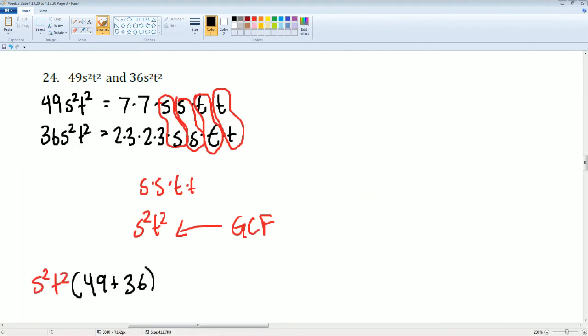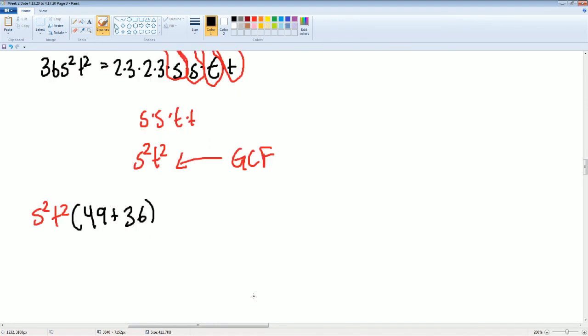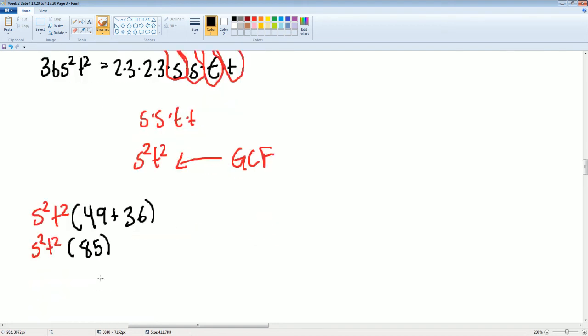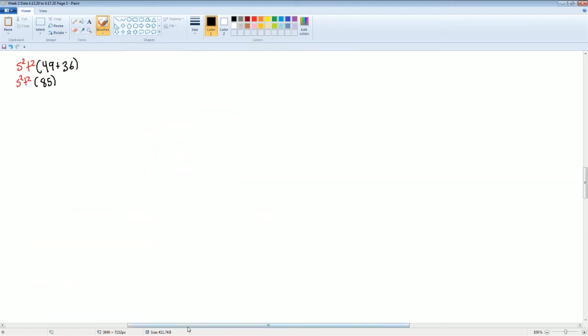So, you could actually say this is s squared t squared, parentheses, 85. Huh, that's interesting. Yeah, that makes sense. Right? Am I allowed to do that? Yeah, I am allowed to do that, right? Yeah. Sweet. And that's it, right?